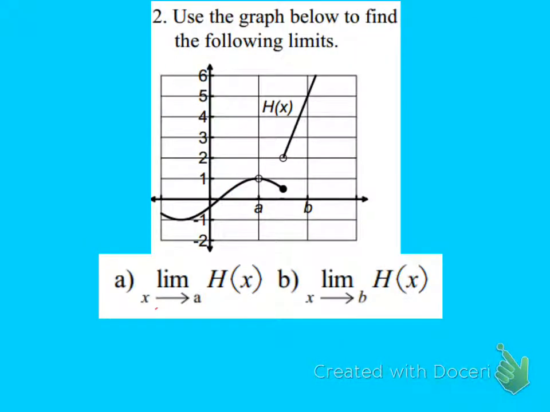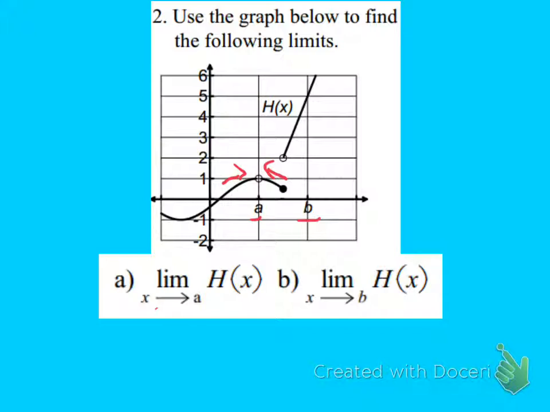Last example, number 2. Use the graph below to find the following limits. So I have two numbers on my graph, A and B. And I want to know what is the limit, expected value, the height of my graph at A. Well, I look at the behavior from the left, I look at the behavior from the right, and it looks like they both are approaching the same value, the same height.